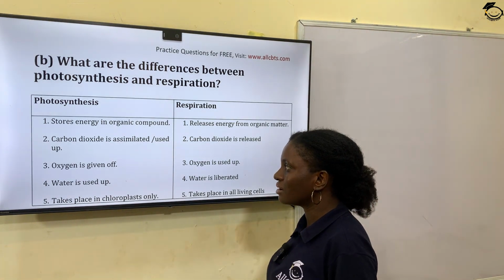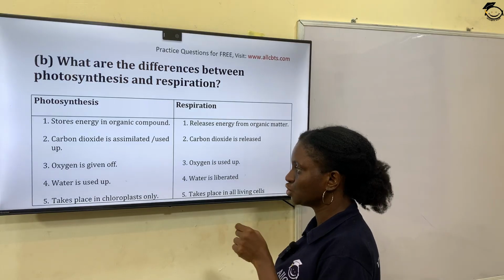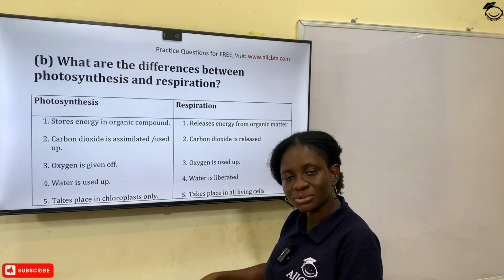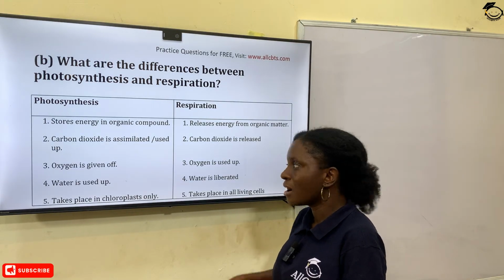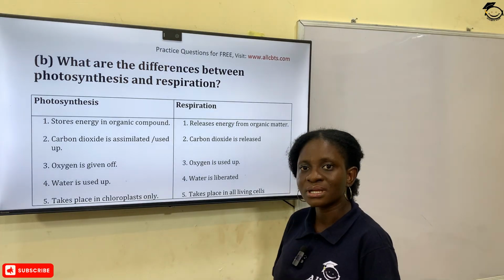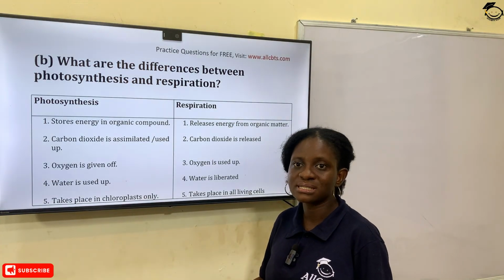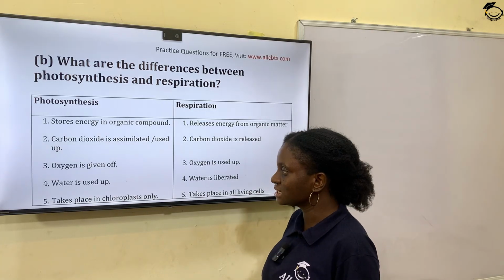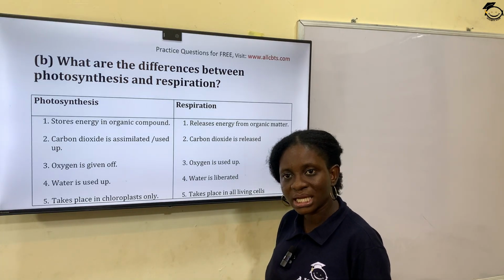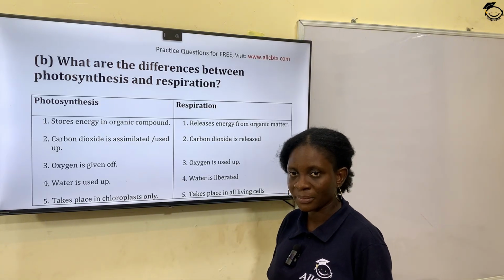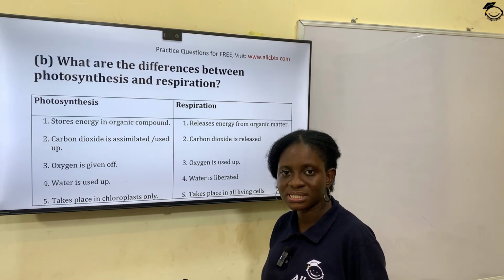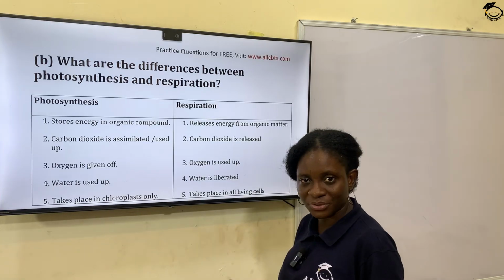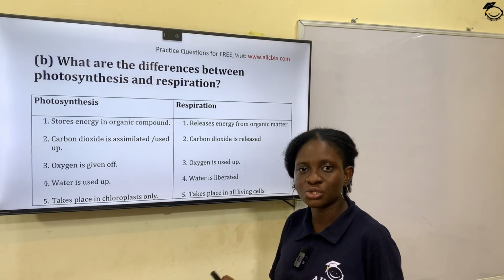Carbon dioxide is used in the process of photosynthesis, but for respiration, carbon dioxide is released as the waste product.